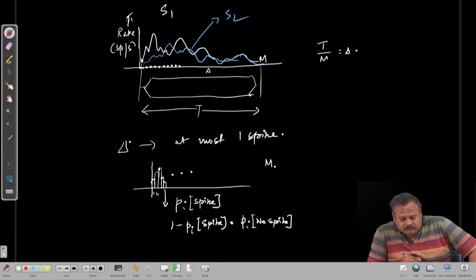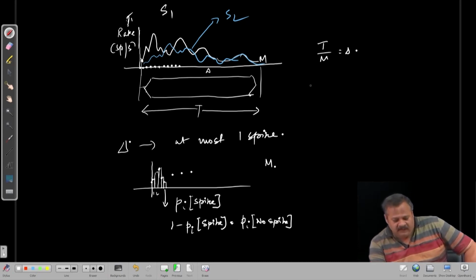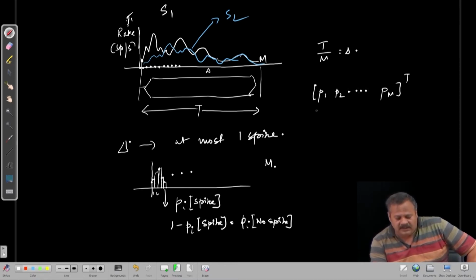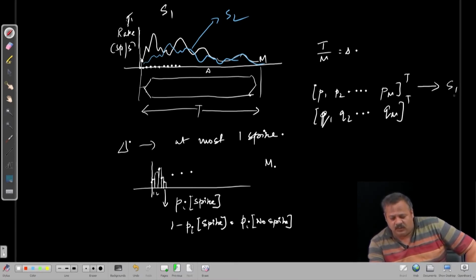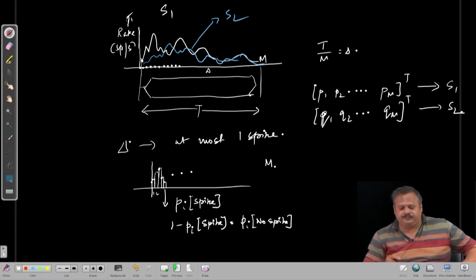Now our random variable is a vector random variable, where we have P1, P2 up to Pm, and similarly we have another, Q1, Q2 up to Qm, for our stimuli S1 and S2.